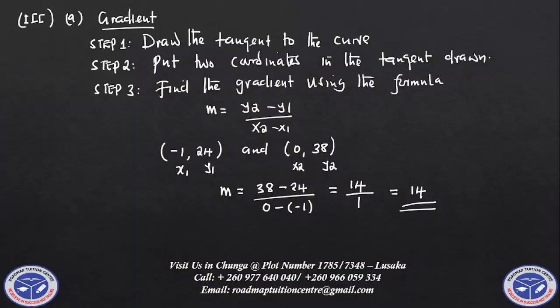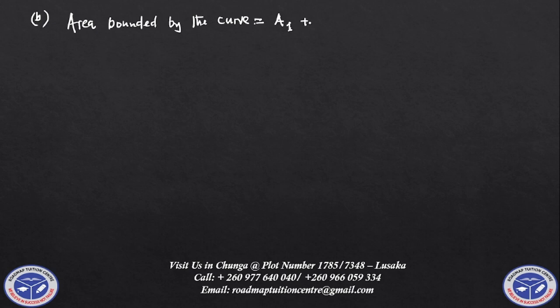So we continue as we look at the answer for the last part. We shall say the area bounded by the curve is equal to area 1 plus area 2, then plus area 3.